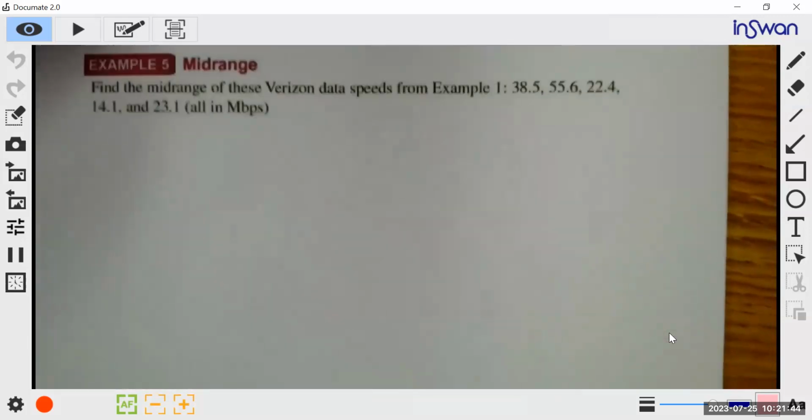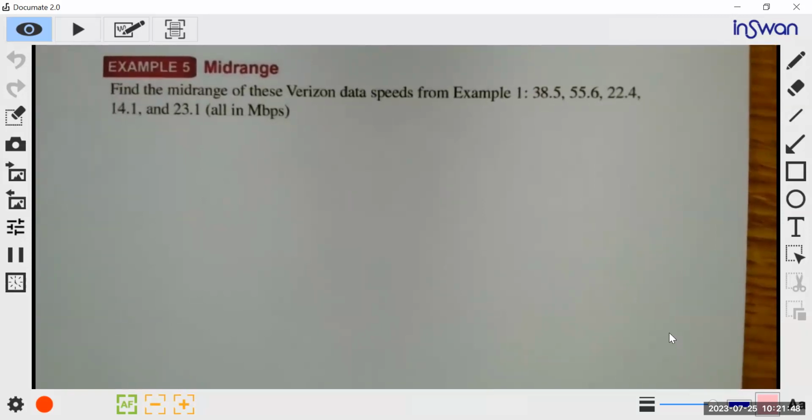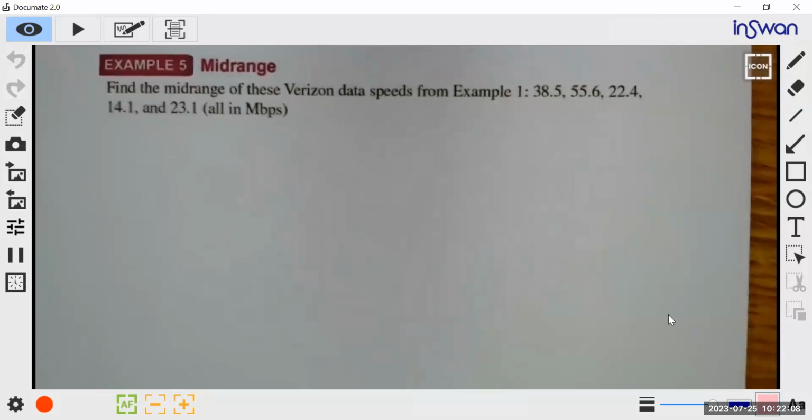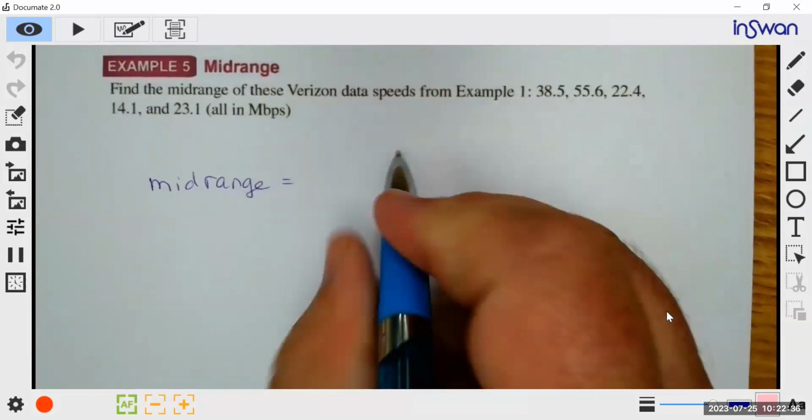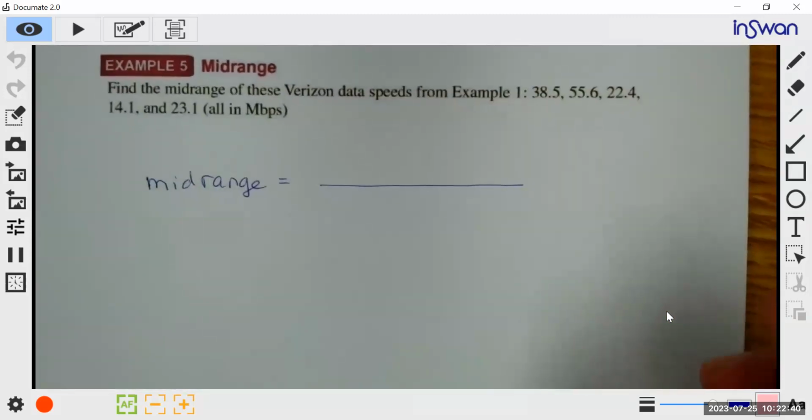Here's an example. Find the mid-range of this data set. So what two numbers do I use?